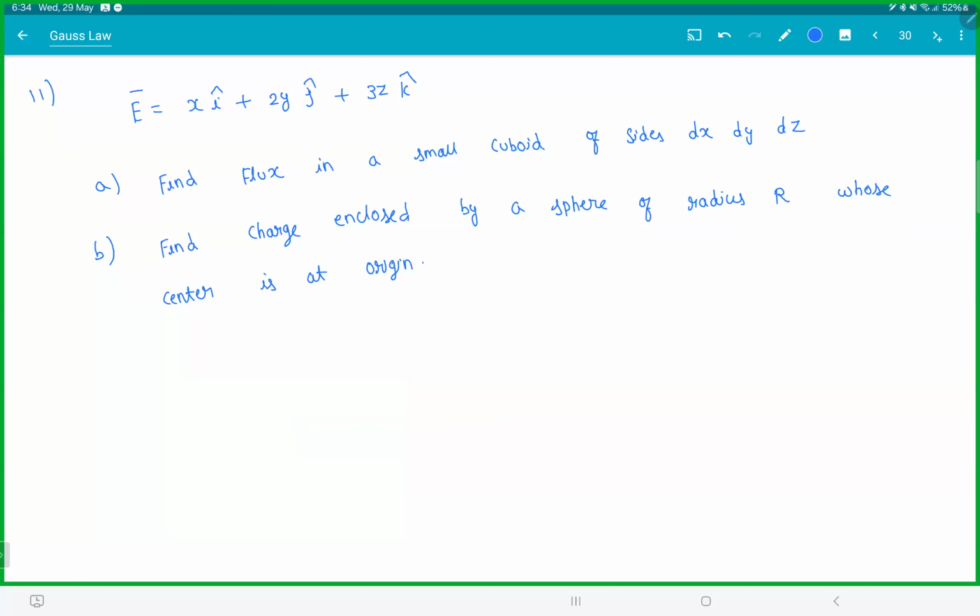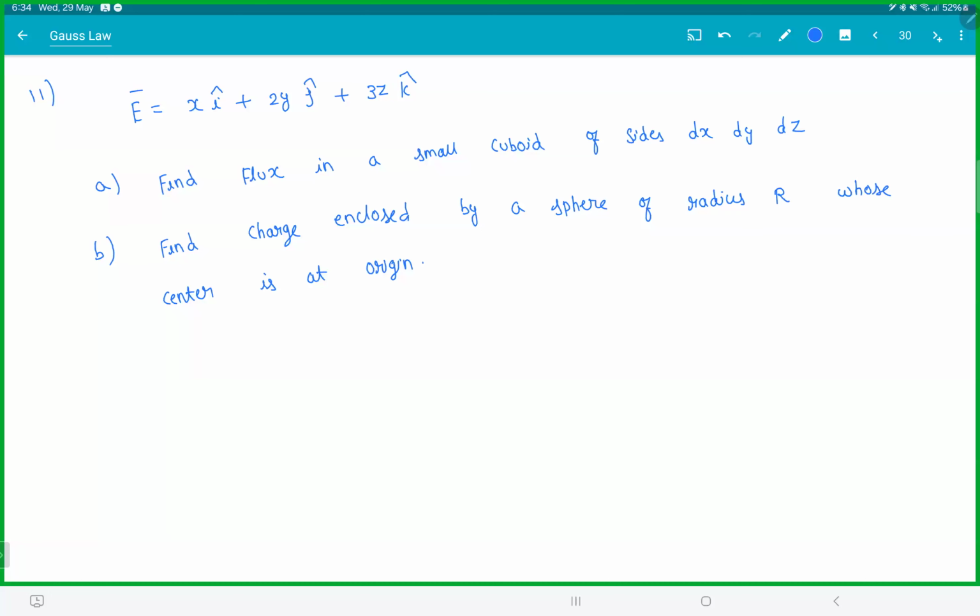Flux is scalar, right? How are you getting i cap, j cap, k cap? The cuboid has a corner on the origin. No, it's a small cuboid dx dy dz.